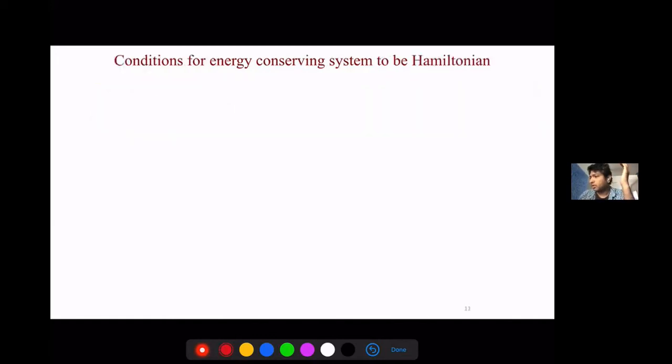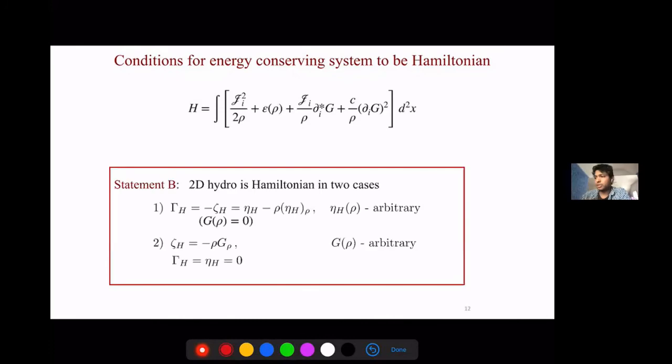Okay, so now let's move on to the Hamiltonian question. As in the ideal barotropic fluid, I will take the integrated conserved energy density to be the starting Hamiltonian. Let me give you the results up front, and then we will discuss how we derived this. It turns out that not all energy conserving systems are Hamiltonian. I started with this conserved energy density that I derived in the previous case, and I just substituted Ji to be rho Vi.